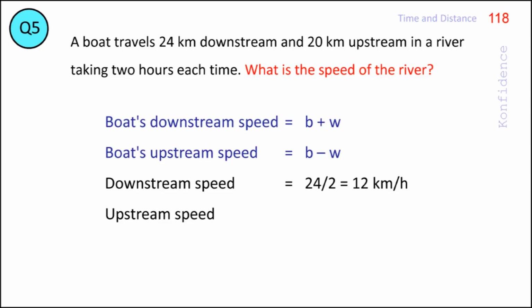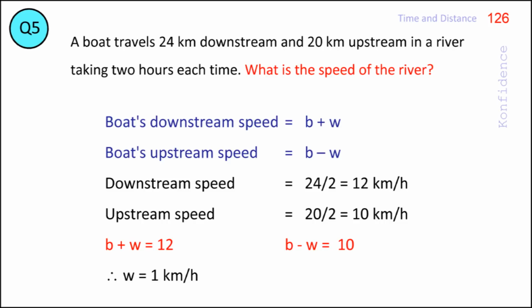So the speed of the boat in upstream direction will be distance by time again, which is 20 kilometers by 2 hours or 10 kilometers per hour. So we can write b plus w equals 12 and b minus w is 10. Subtracting the second equation from the first, we have 2w equals 2 or w equals 1. That means the speed of the river is 1 kilometer per hour.